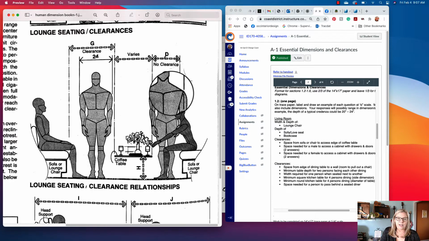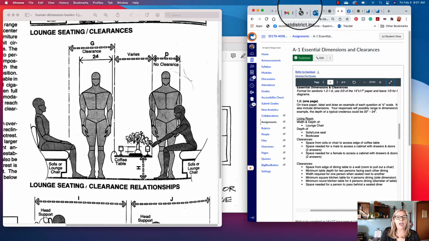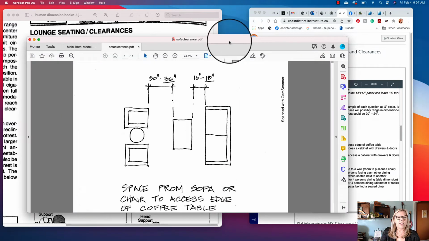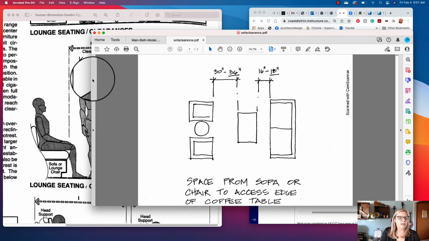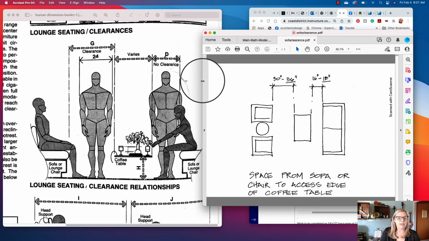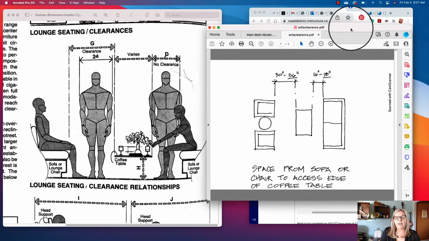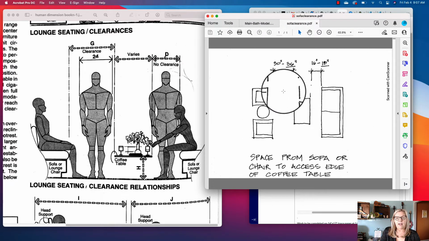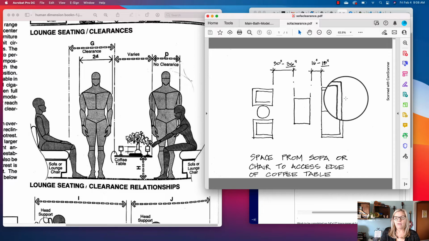the answer to my question here is 16 to 18 inches. So how that's going to translate into a drawing, let's see if I can side by side this for you. You could have done this either way. You don't really need to draw this whole drawing for the assignment.